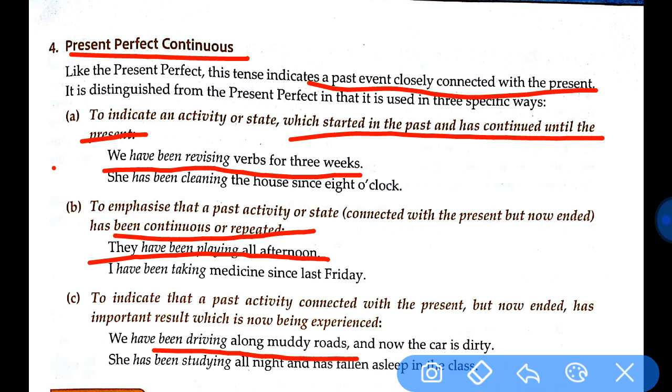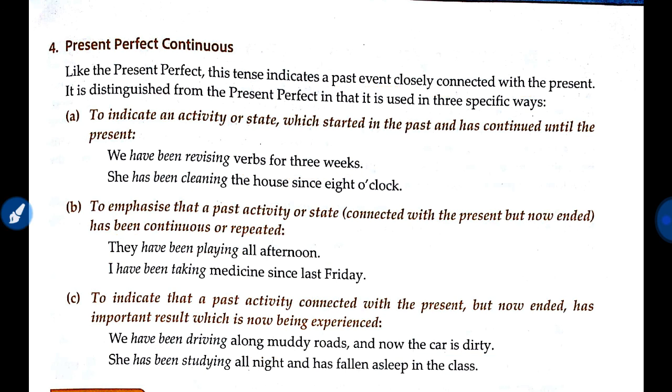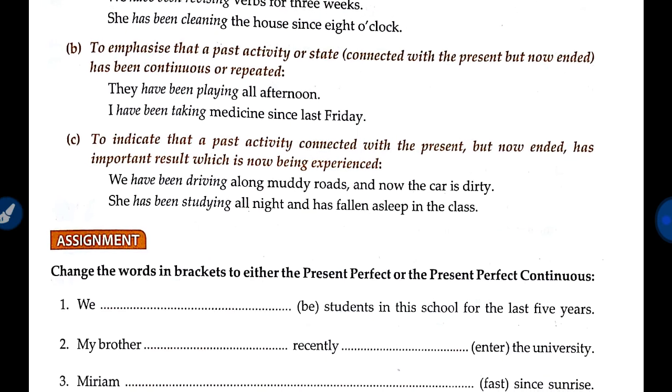This indicates an activity connected with the present but now ended. So these are the places where we use the present perfect continuous tense. We have seen the simple present, continuous, present perfect, and present perfect continuous tense.